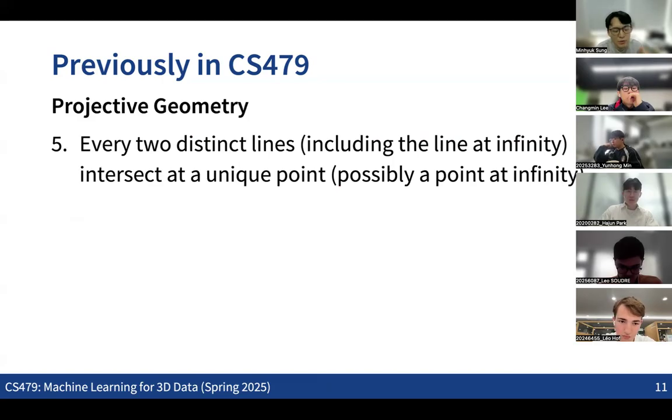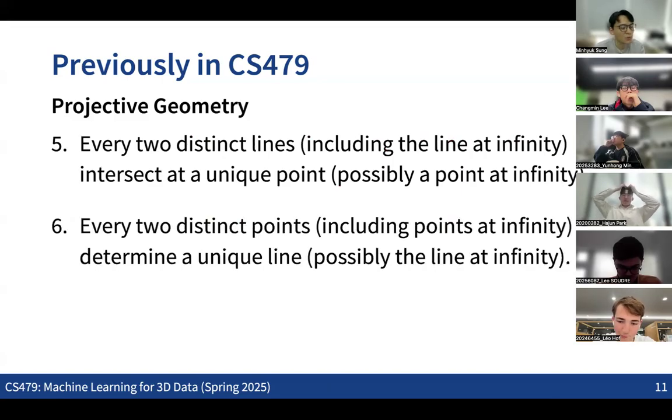So even two parallel lines meet at one point, which becomes the point at infinity, right? And for points as well, if we have two distinct points, whether they are at infinity or not, we can determine one unique line. This was also a statement we could see with the definition of the point at infinity and the line at infinity. Great.